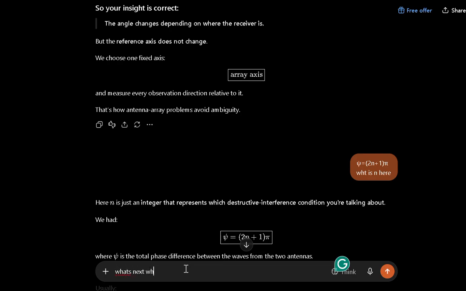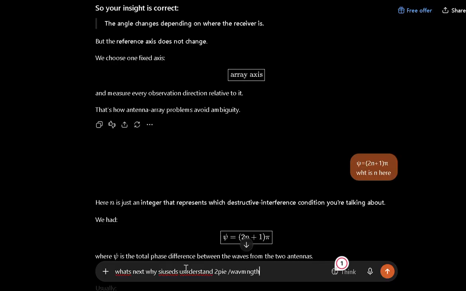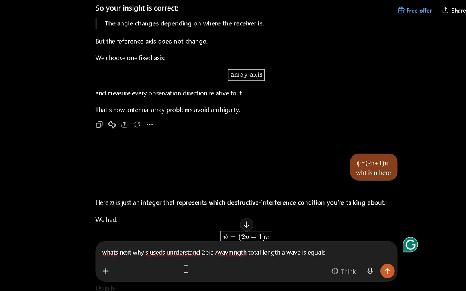Why do I use 2 pi by lambda? Because the total length of the wave, wavelength, corresponds to a phase of 360 degrees, and half of that is 180 degrees.